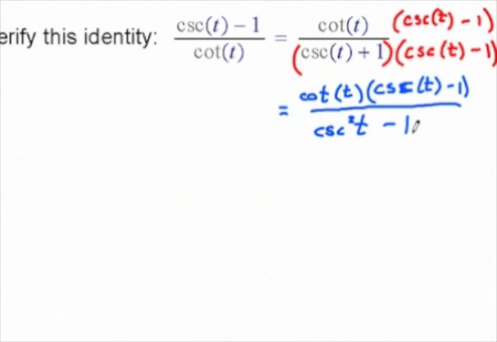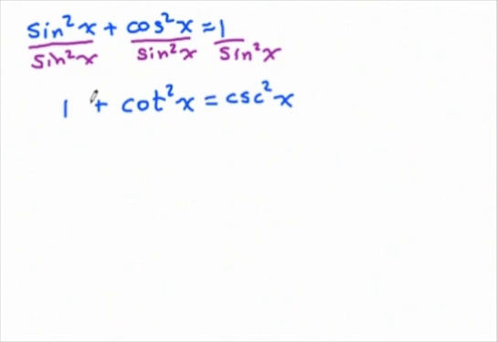Alright, but cosecant squared minus 1, that sounds familiar. That would be this identity rewritten as cotangent squared x is equal to cosecant squared x minus 1. So I can replace cosecant squared x minus 1 with cotangent squared x.